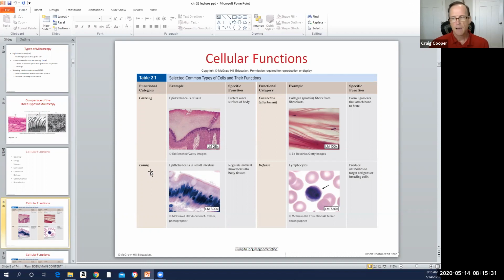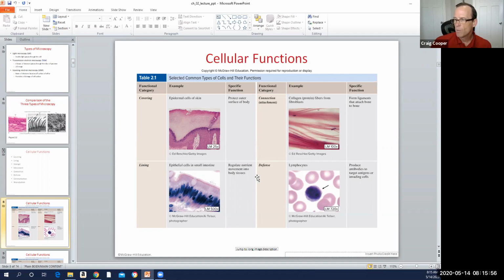We also need cells that line those intestines that help us absorb the nutrients we have consumed. So we have different types of cells that serve specific roles in that lining. Again, some might secrete stuff, some might help bring things into the body and get them into our bloodstream by absorbing nutrients. Those lining cells are really important also.